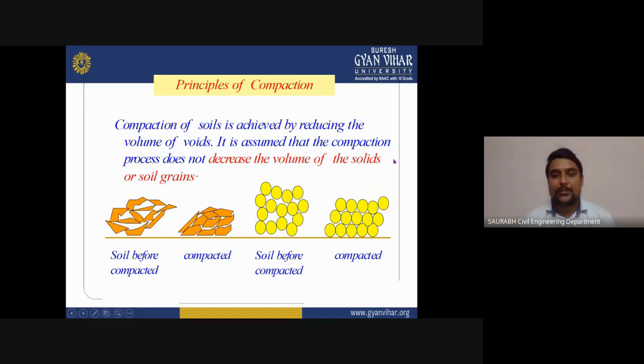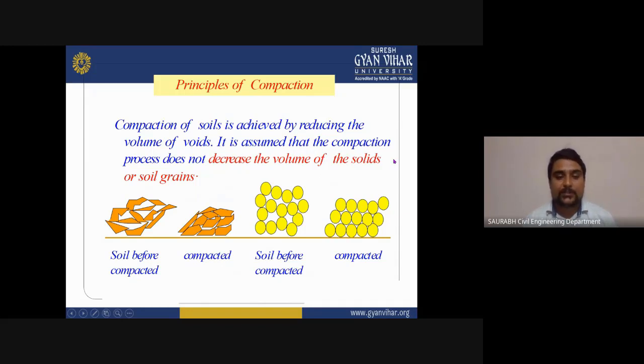What is the principle of compaction? This is also a very important point here. As you can see, compaction of soil is achieved by reducing the volume of voids, and it is assumed that the compaction process does not decrease the volume of the soil grains.